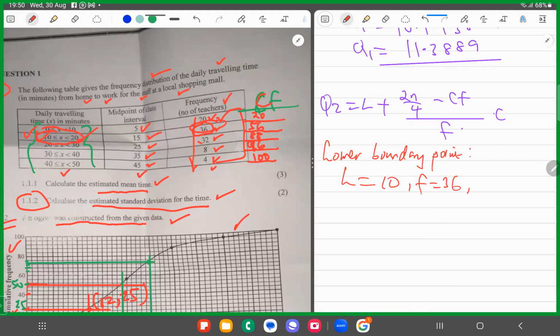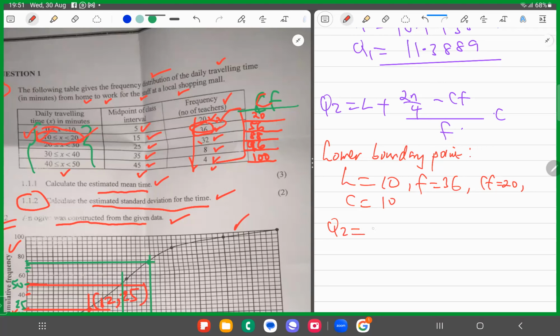For the 50th value of the observation in the CF column, the preceding value is 20 in the cumulative frequency. And the lower boundary point for the class from 10 to 20 is 10.